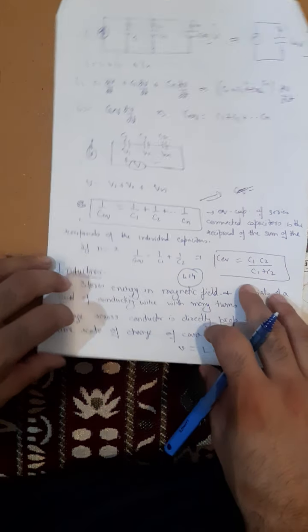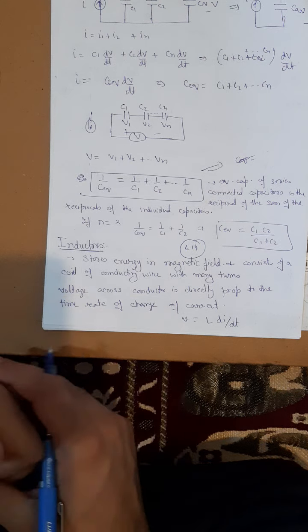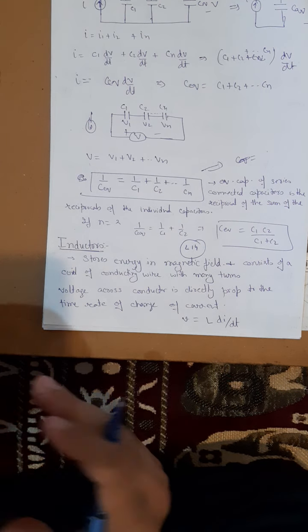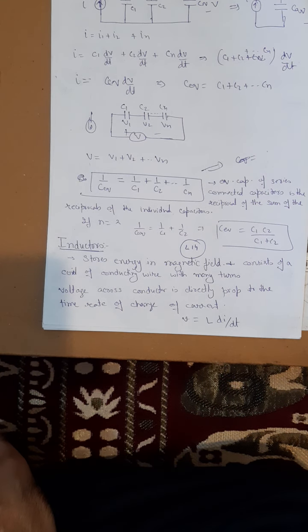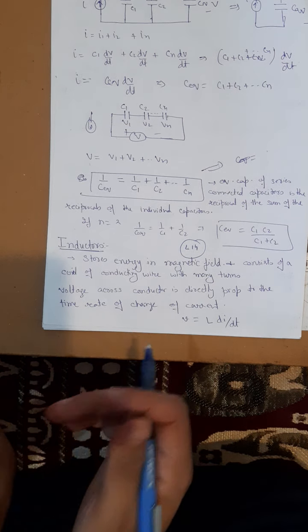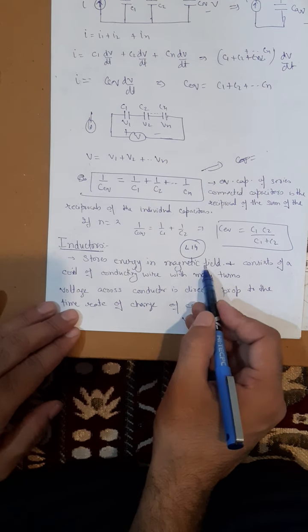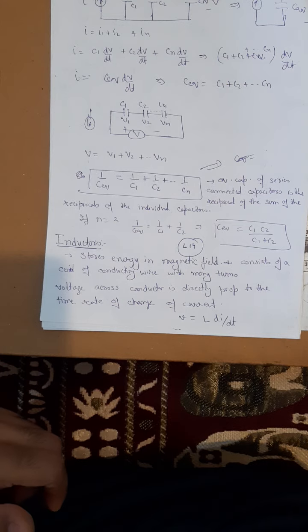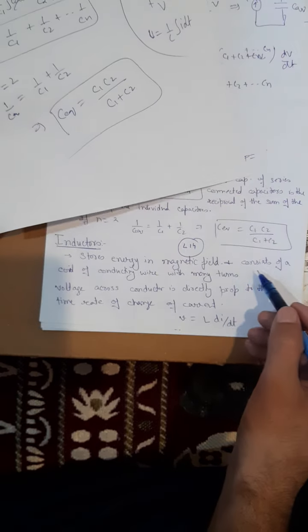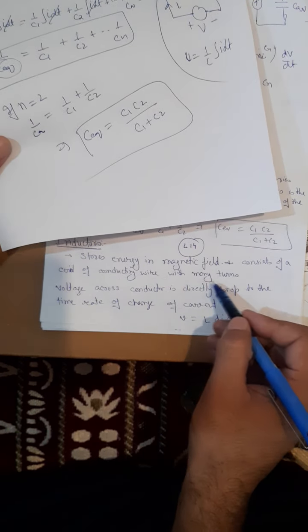Okay, so inductors, like capacitors, also store energy. But inductors store energy in the magnetic field. And what is an inductor? I will show you. An inductor consists of a coil of conducting wire with many turns.